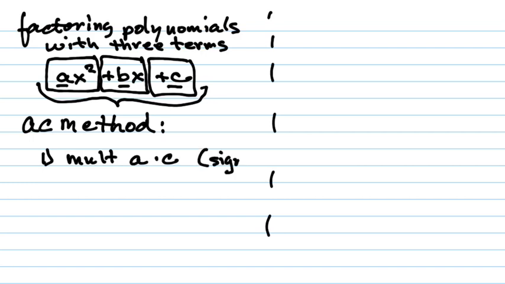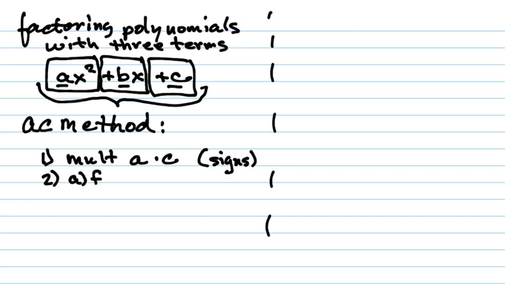When you're doing that, watch out for the signs. Be really careful and include those signs in there. Because if you make one sign error, then everything's gone. So be very careful with them. In the second step, there are a couple of pieces.